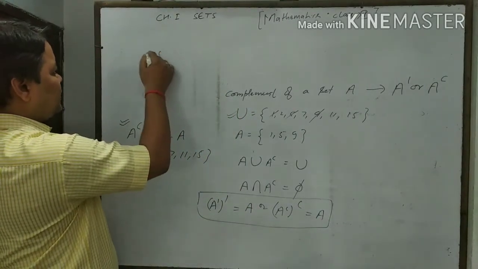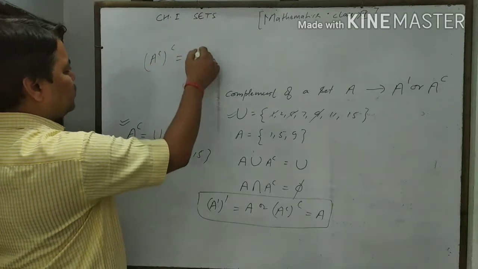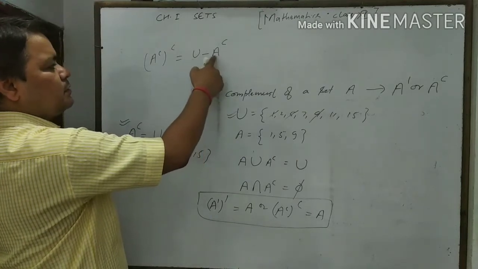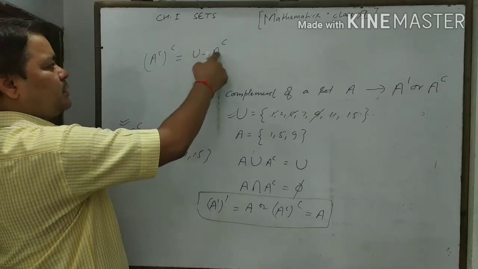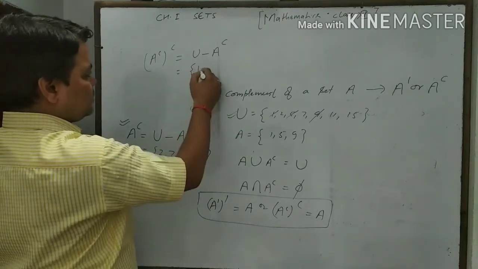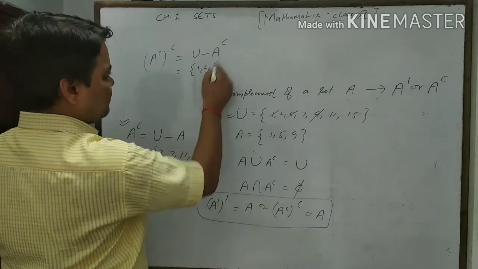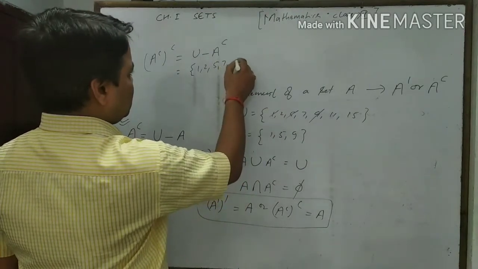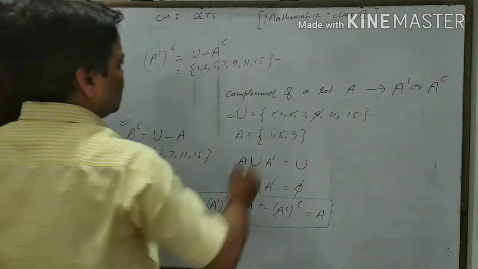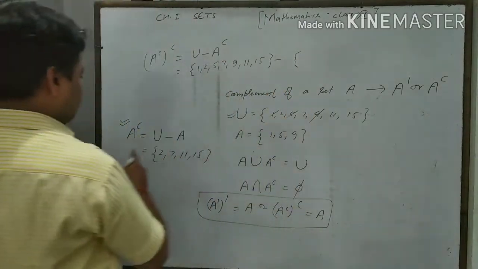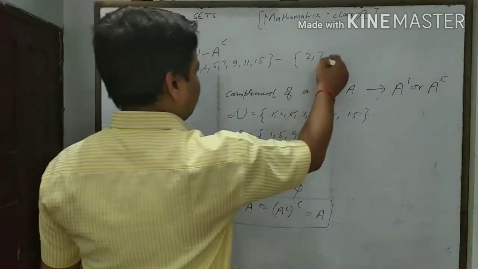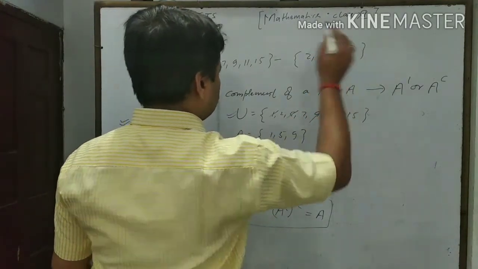So the complement of the complement set is the universal set minus the complement set. Here, the universal set 1, 2, 5, 7, 9, 11, 15 minus the complement set. What is the complement set? 2, 7, 11, 15.